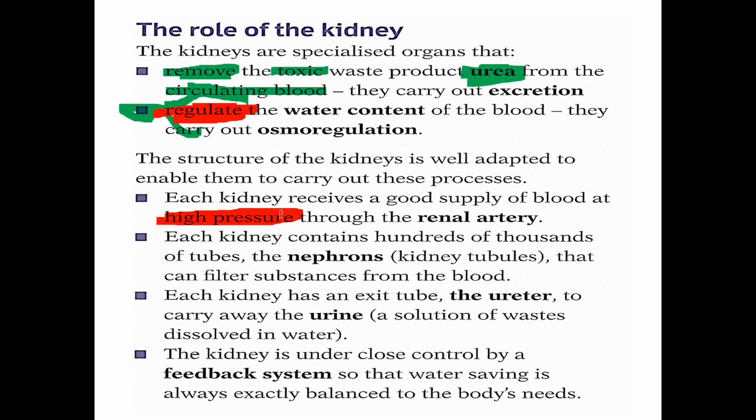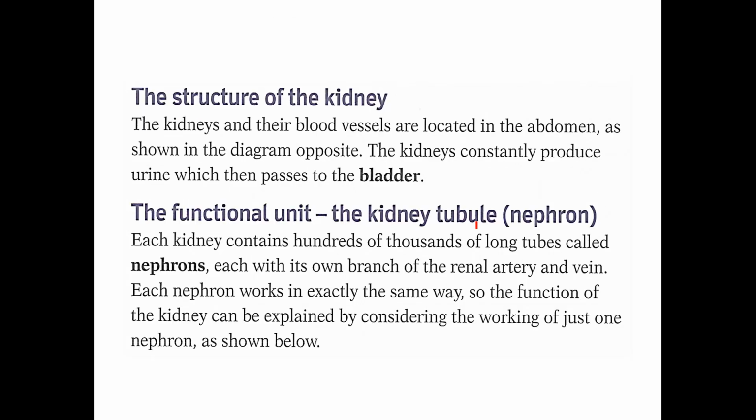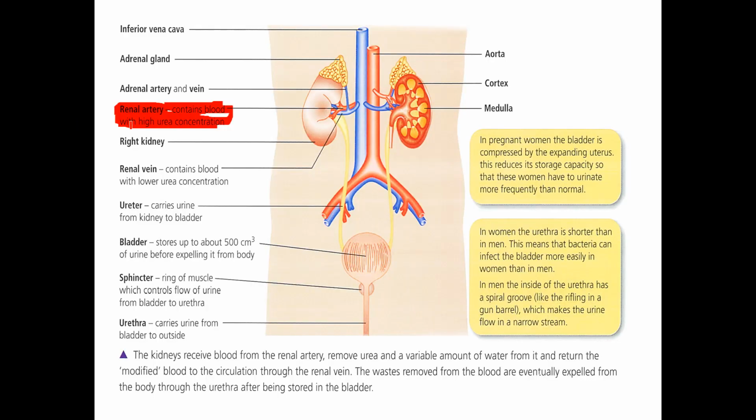So maybe here you will have a question: the kidney will supply blood at what, high pressure or low pressure? You should choose high pressure through the renal artery. So here is the renal artery. It provides the kidney with blood.